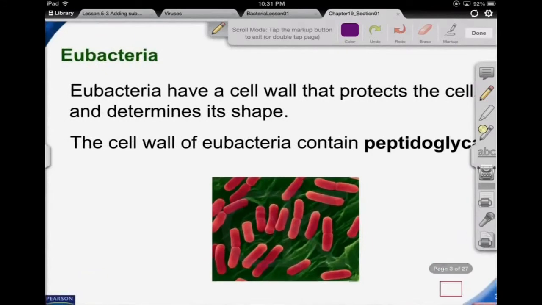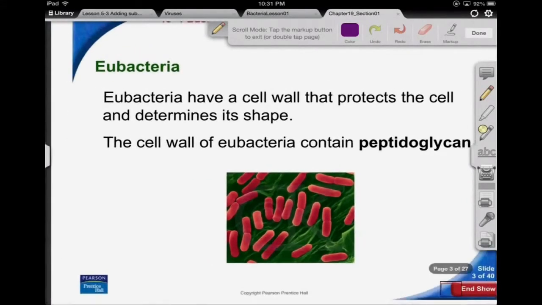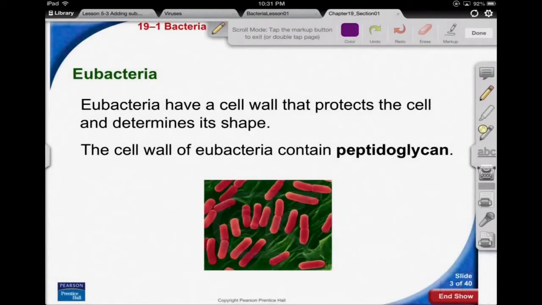Eubacteria have a cell wall, but it's interesting and also very important to note that their cell wall is composed of a carbohydrate. Throughout high school, we talk about the cell wall of plants over and over again. Plants have a cell wall made of cellulose, but plants are relatively young on the planet compared to bacteria. Right? Plants evolved in the last, say, 12 minutes on sort of our evolutionary clock.